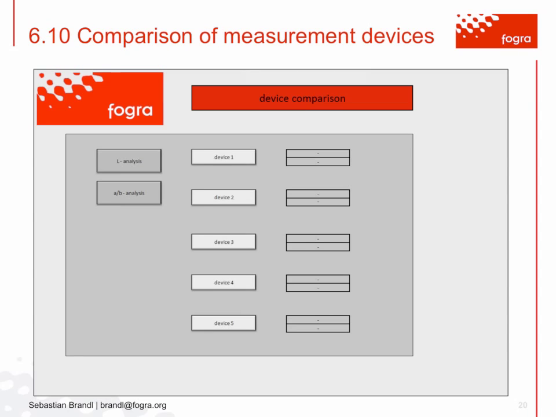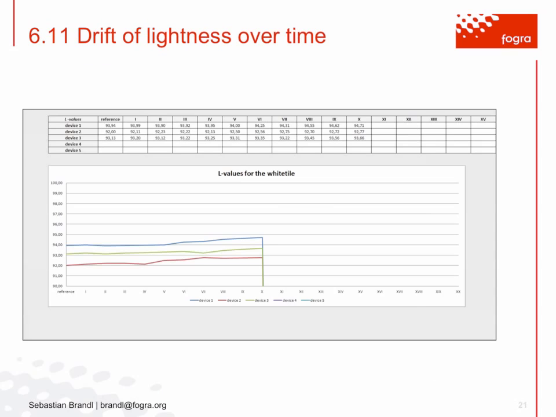Finally, we have, as I said, a second Excel file which allows you to compare, in this case, 5 devices. You put in the name and the serial number, and then you load the reference readings, or the average of the reference readings which you have done before for the drift analysis, and that gives you an evaluation of the different devices among each other.